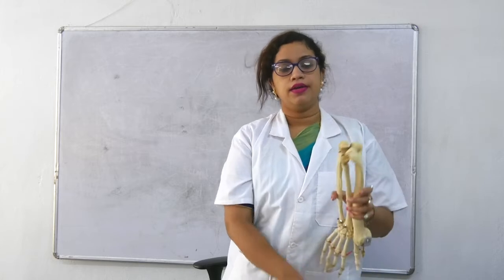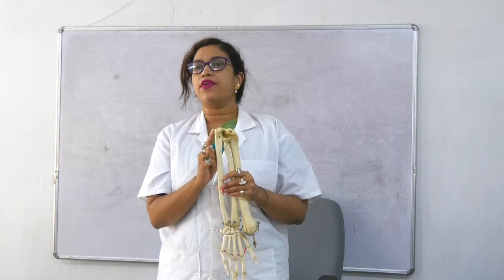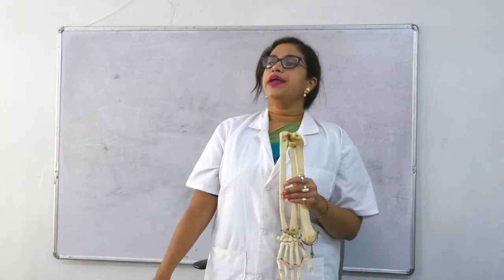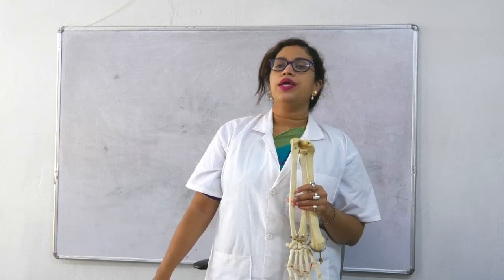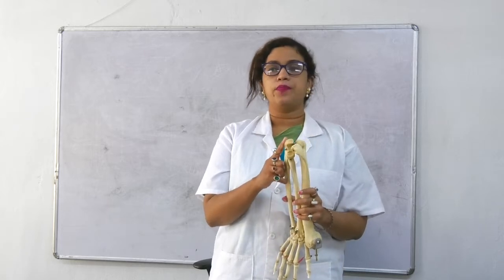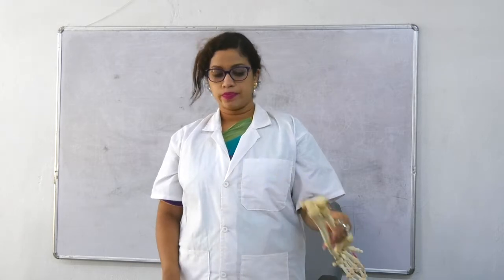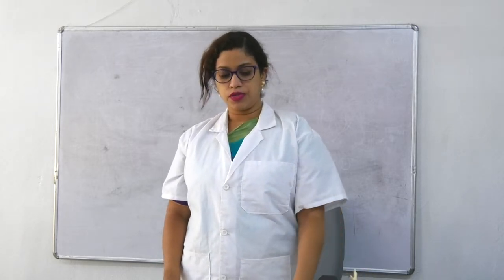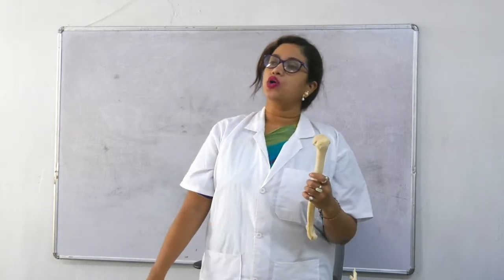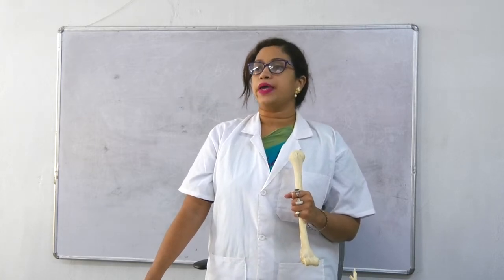Write it down: the posterior aspect of the superior surface of the olecranon process of the ulna. The medial head arises from the inferomedial surface of the humerus. Remember, the medial head is always deep. So this is about origin and insertion. Then next is nerve supply.